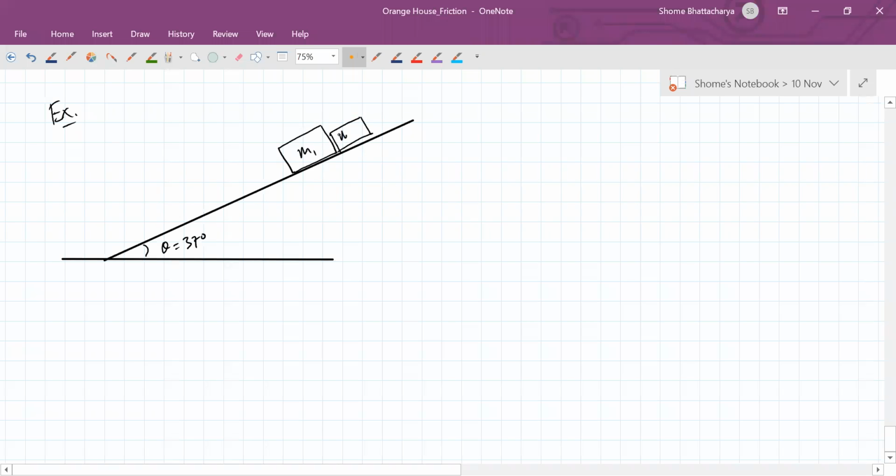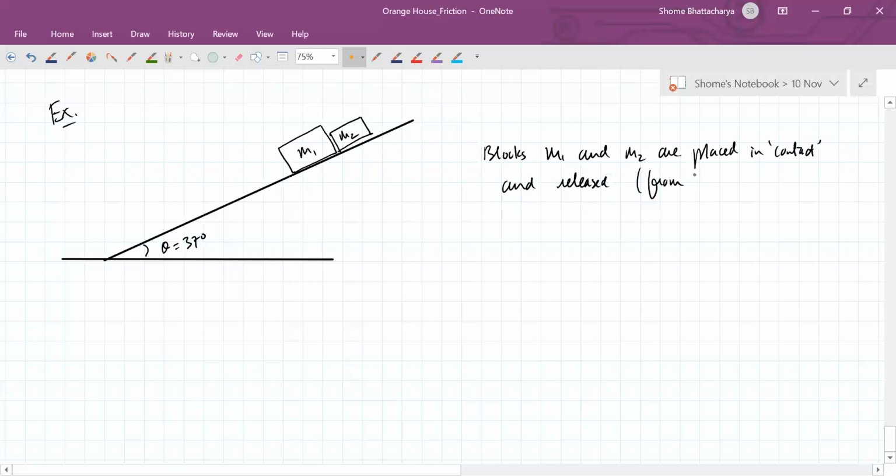So they are initially placed in contact with each other, okay? So blocks M1 and M2 are placed in contact and released from rest initially, okay?